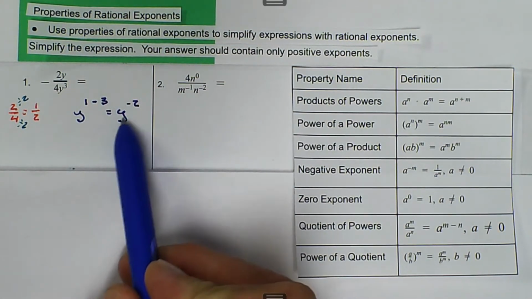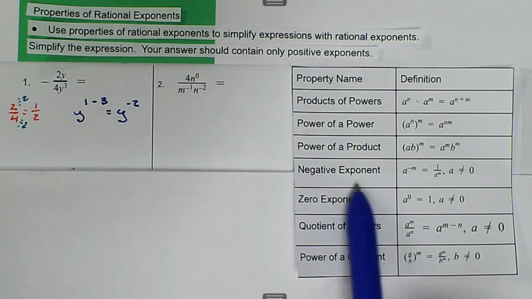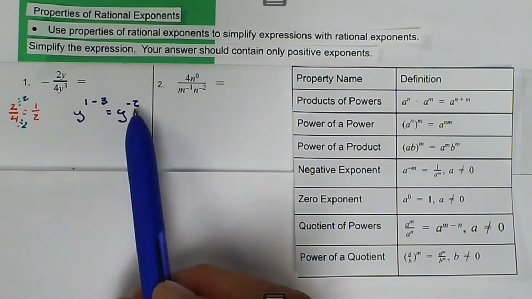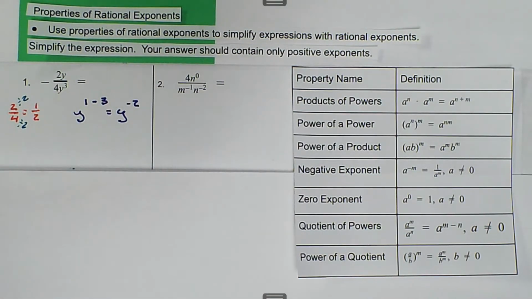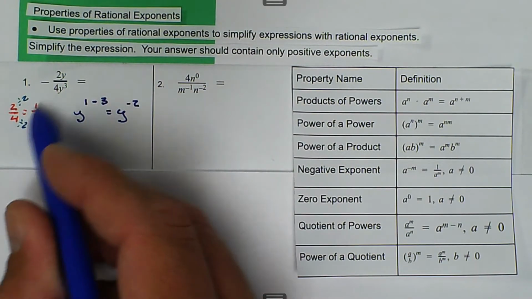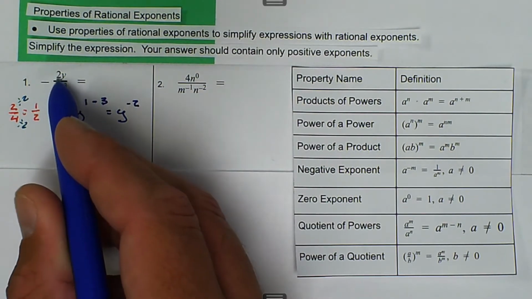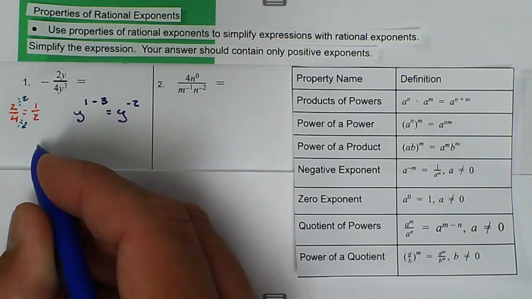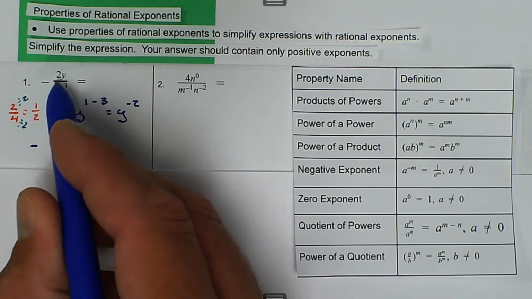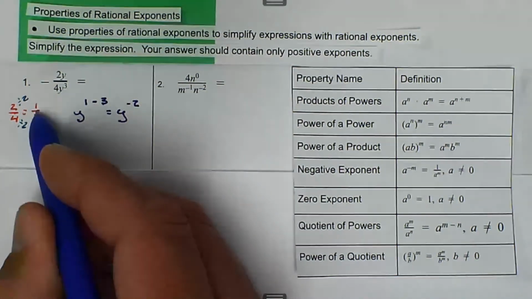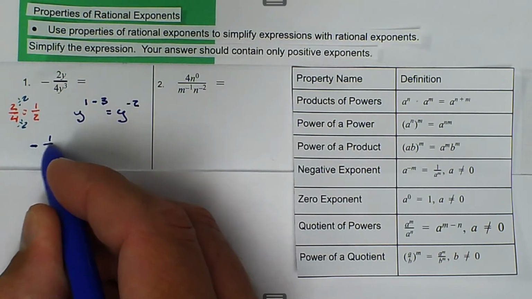So if we have a negative 2 exponent there, now we can use the negative exponent, and we can move that to the denominator. So we reduced, we still have the negative sign, so let's put the negative sign down. We reduced our coefficients to 1/2.